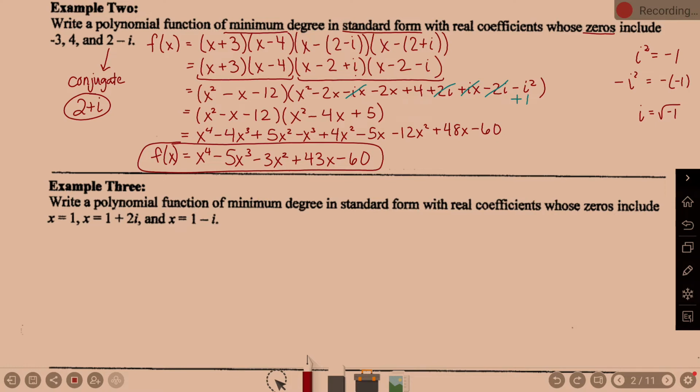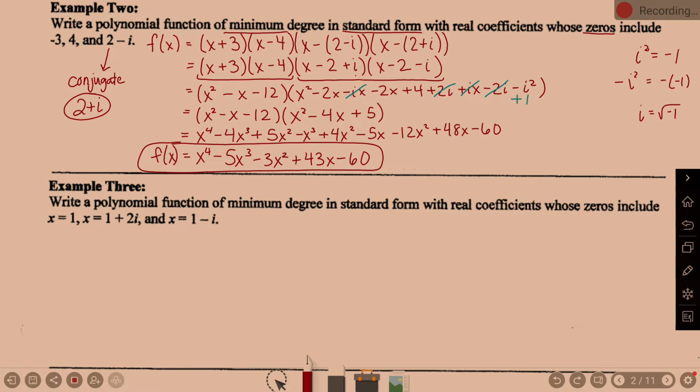It's just very high on the tedious level, maybe. Okay, you're going to have to be very careful with all of your exponent signs and everything. It's tedious for me to grade, too, because I have to find your mistakes on quizzes and tests for these. So. Okay. Now, notice, they gave us 3 zeros. We ended up writing a 4th degree equation, right? But that's because they gave us 1 complex zero, so we had to use the conjugate.